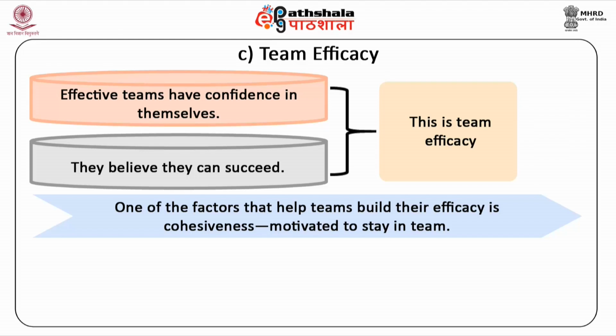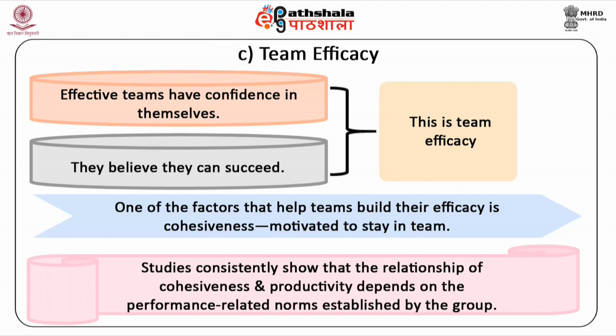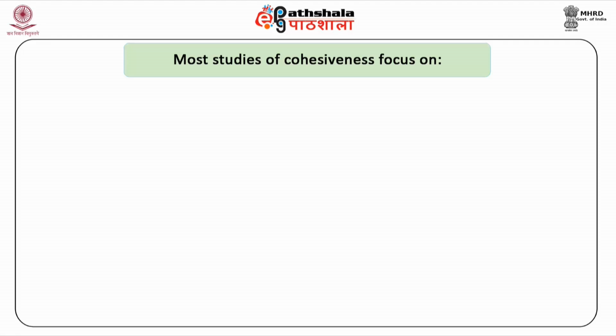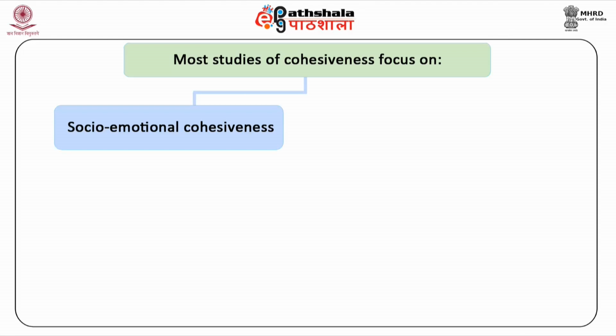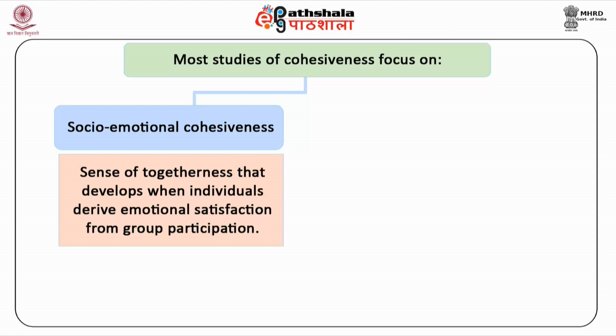Though teams differ in their cohesiveness, it is important because it has been found to be related to the team's productivity. Studies consistently show that the relationship of cohesiveness and productivity depends on the performance related norms established by the group. Most studies of cohesiveness focus on socio-emotional cohesiveness, the sense of togetherness that develops when individuals derive emotional satisfaction from group participation.